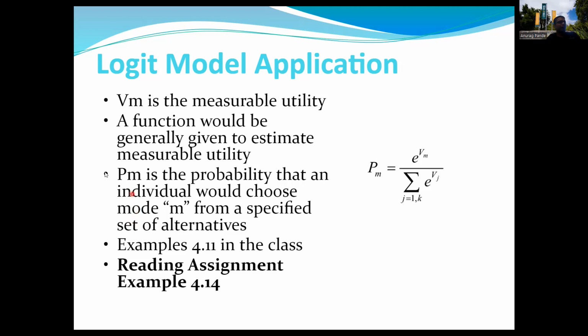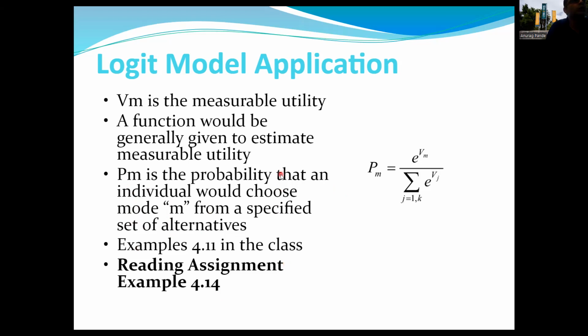So what you're trying to get is the PM. It's the probability that an individual will choose mode M from a specified set of alternatives. And typically you'll have 2 or 3 alternatives. So P1, PM might be P auto, choosing your own automobile, P bus or P train, for example, different modes that might be out there.